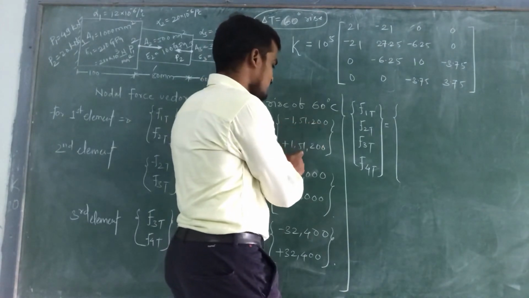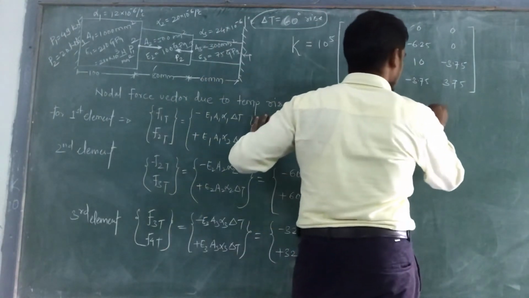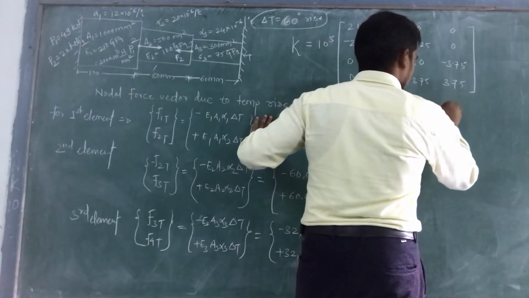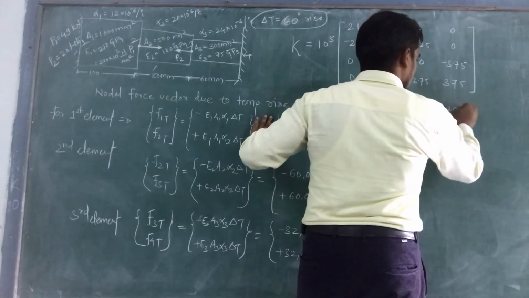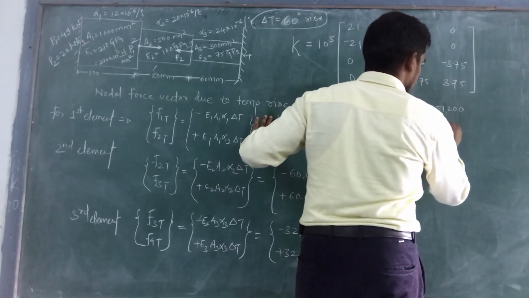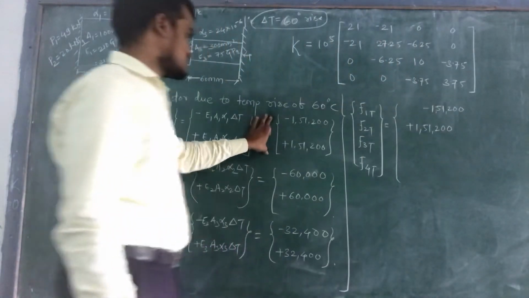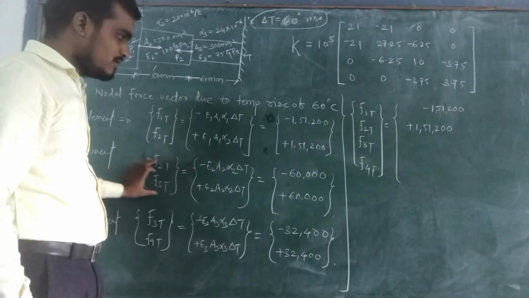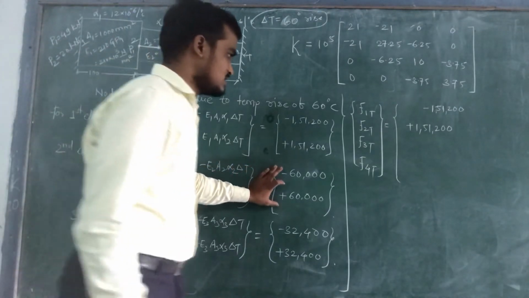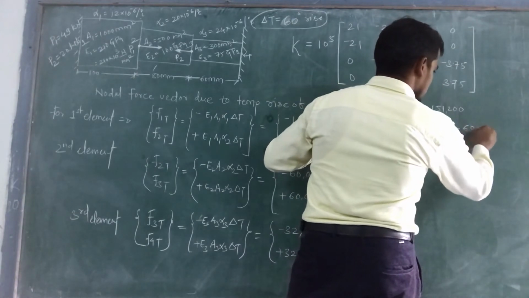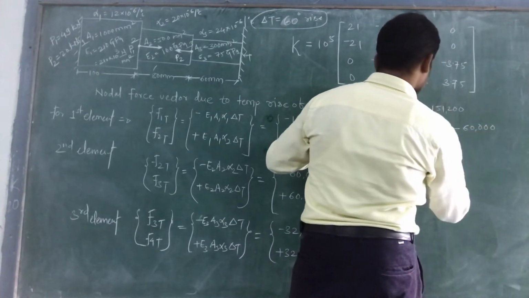So for the first element, F1T, F2T is equal to minus 1,51,200 plus 1,51,200. Next, between the second and third node we have minus 60,000 plus 60,000.